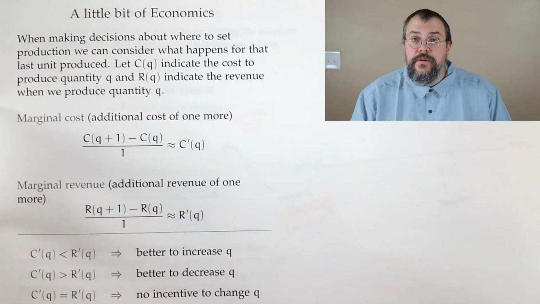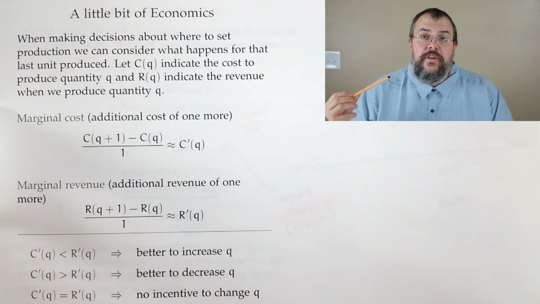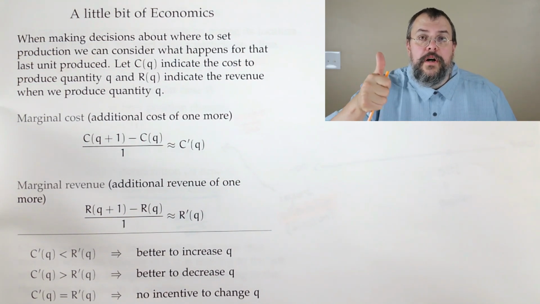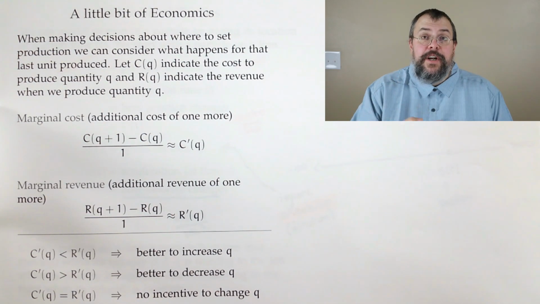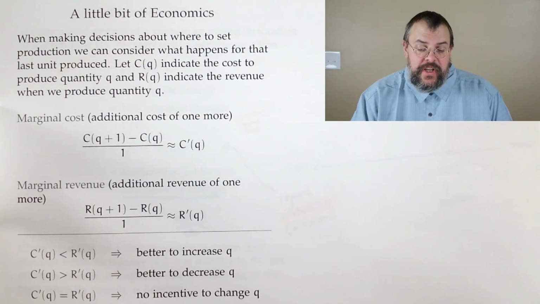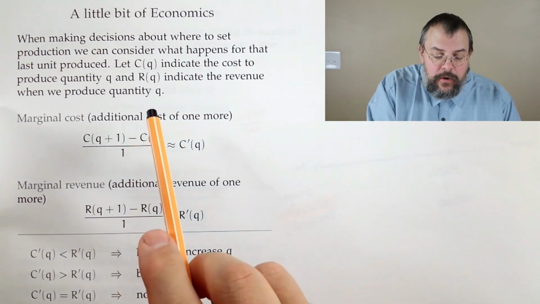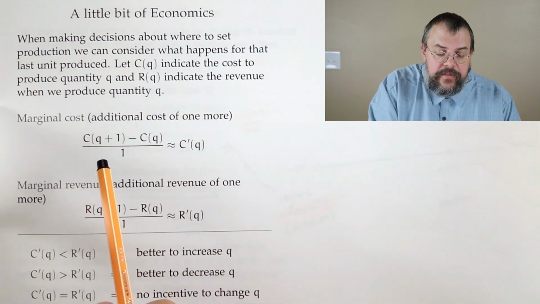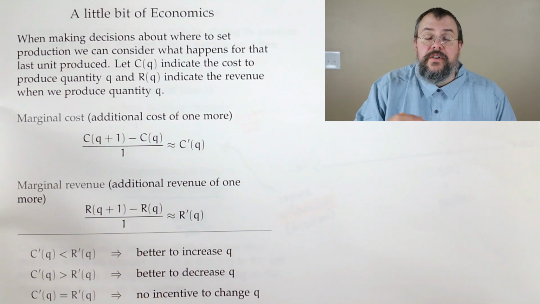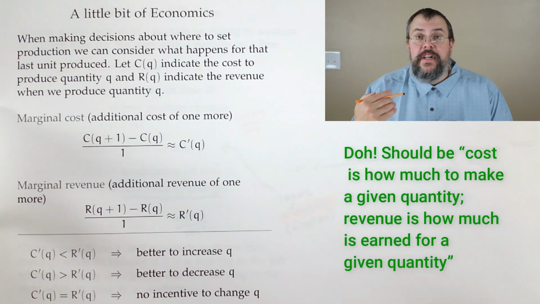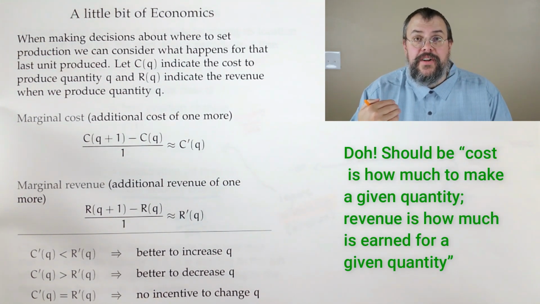Well, what we can do is look at what would happen if we made one more. So we're going to think of Q as how many things are currently being made. Now I have a quantity Q, and I have some functions, my cost function and my revenue function. Cost is how much money it costs me to make one more product.